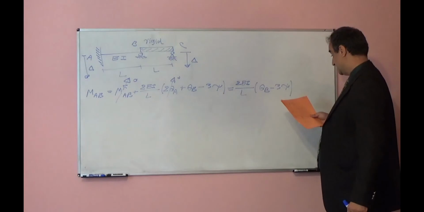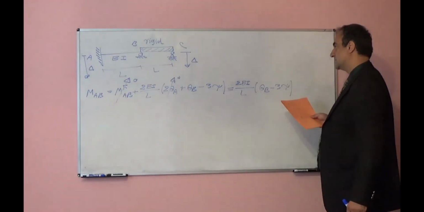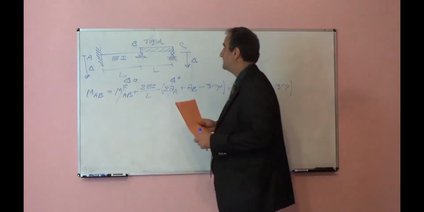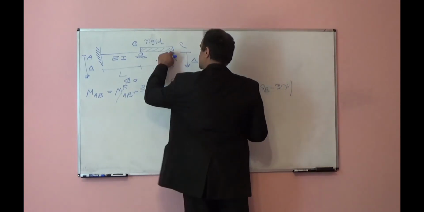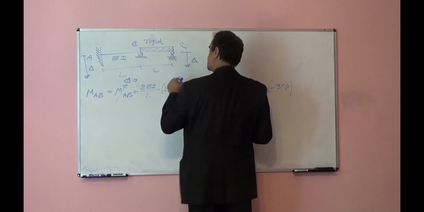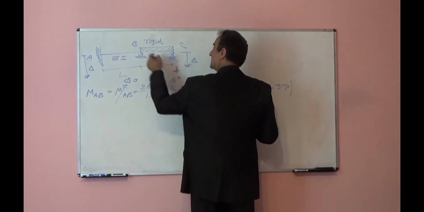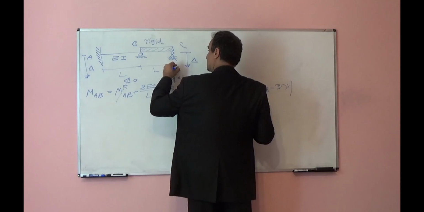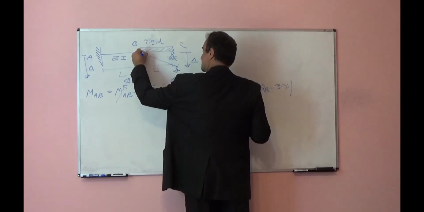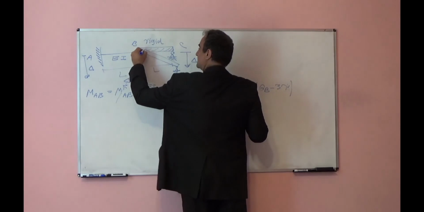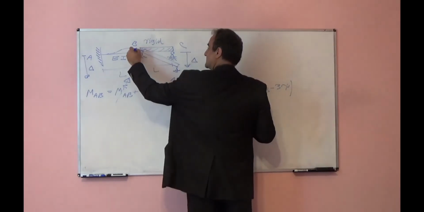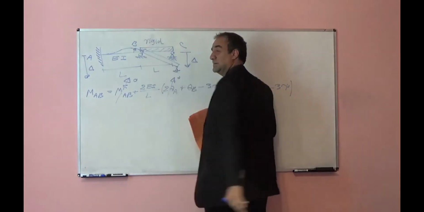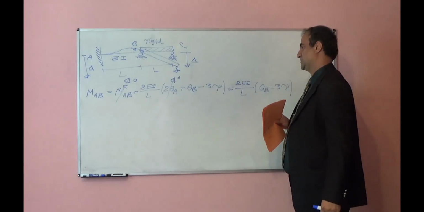Let's see now. What is theta B? Theta B here, if this support settles with respect to B, it comes here, and this is rigid, so there is no deformation, it will remain like a straight line. And this will be tangent to that, it will deform like this. So this rotation, you see, it is clockwise rotation.